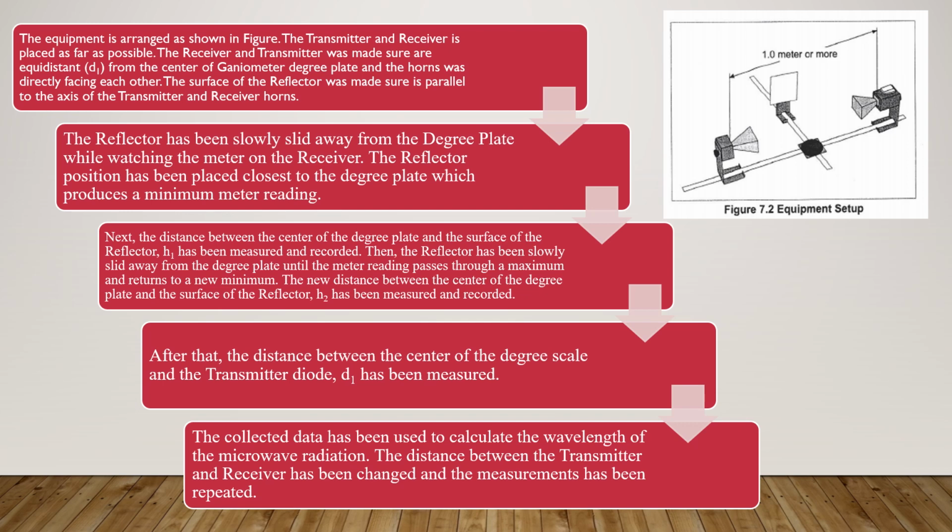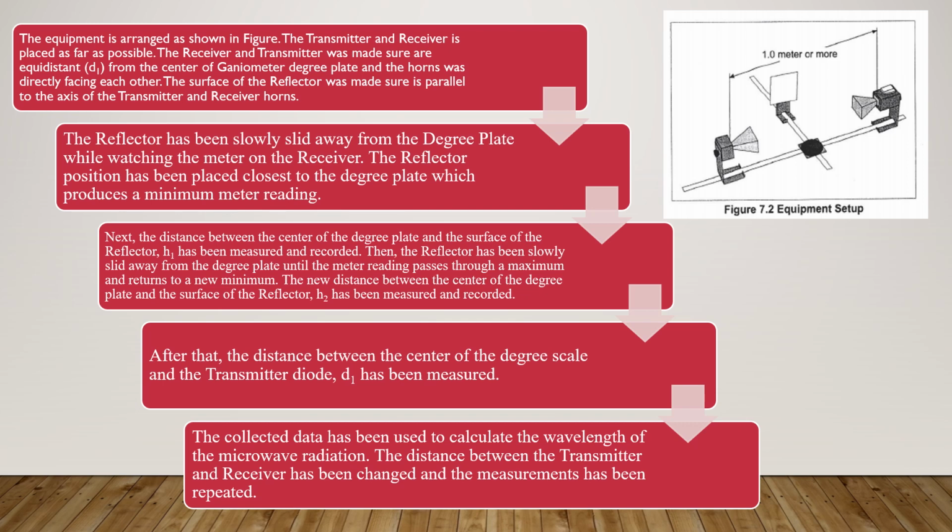The transmitter and the receiver are placed as far as possible and at equal distance from the center of the goniometer degree plate, and the horns of the transmitter and receiver are directly facing each other. The surface of the reflector is parallel to the axis of the transmitter and receiver horns.